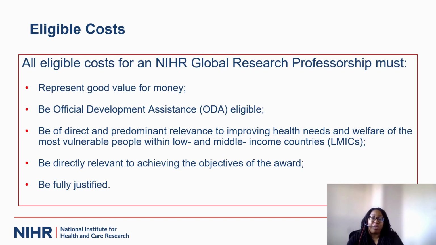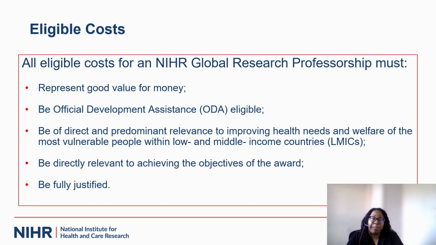In terms of eligible costs for the professorship, as with all NIHR awards, it must represent good value for money. The research proposed must be aligned with the official development assistance eligibility, and there are specific details around that in the guidance notes, but part of that is that the research proposed must be of direct and predominant relevance to improving the health needs and welfare of the most vulnerable people within low and middle income countries, so LMICs.